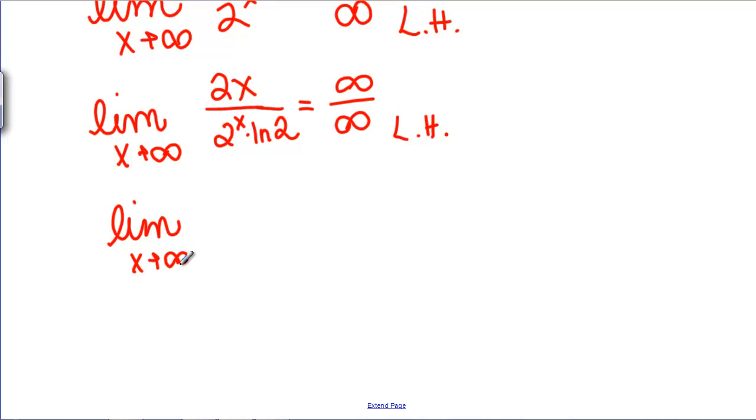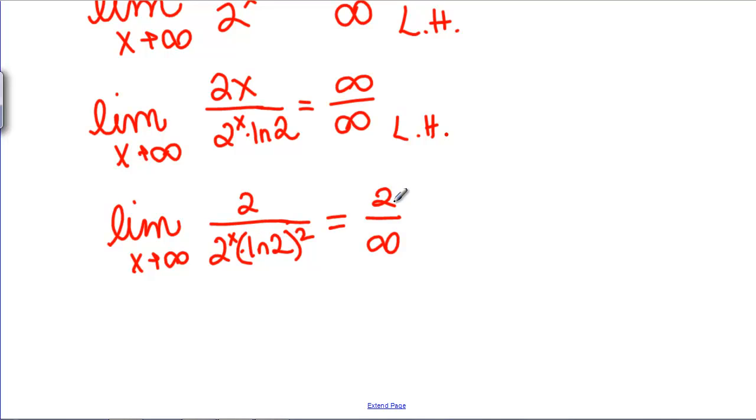So our original limit is now equal to the limit as x goes to infinity of 2 over 2 to the x times the natural log of 2 times the natural log of 2 again, from another derivative of 2 to the x. So this gives us 2 on top, and still infinity on the bottom. A number divided by infinity, we know goes to 0.